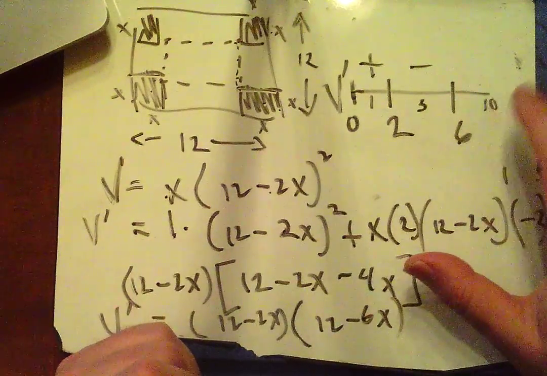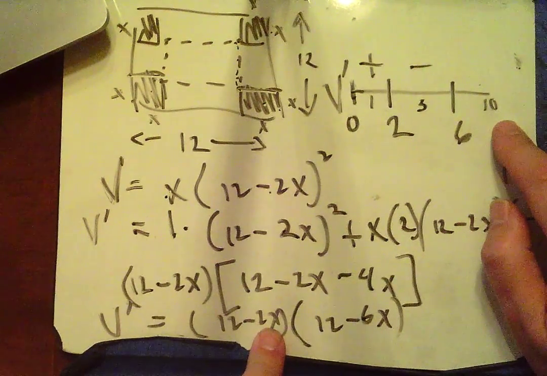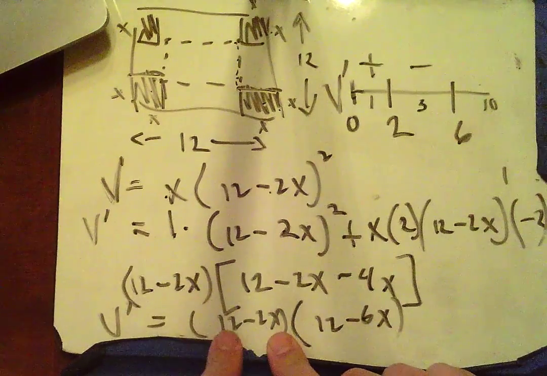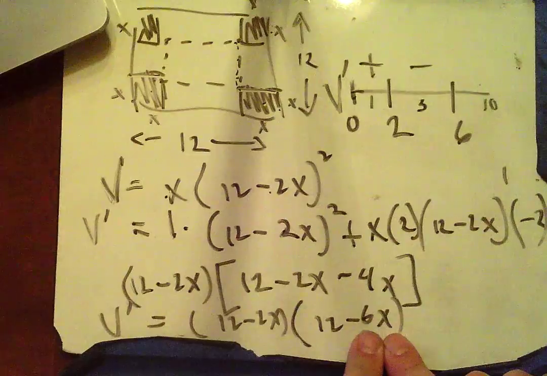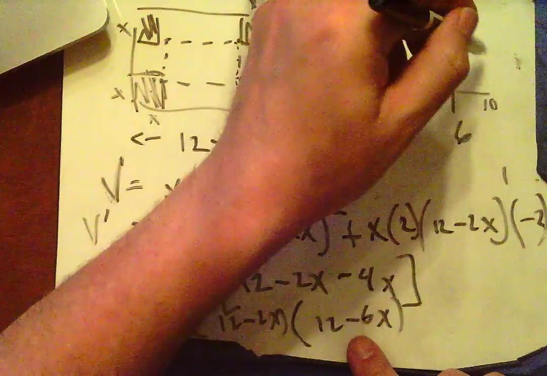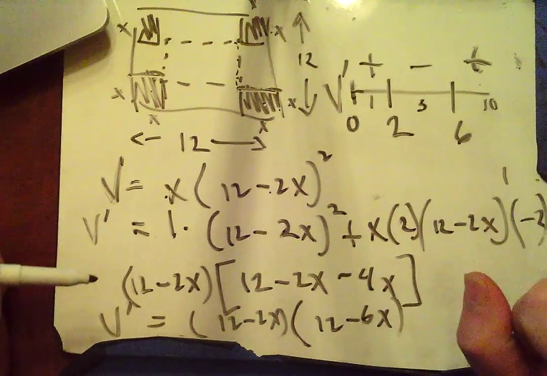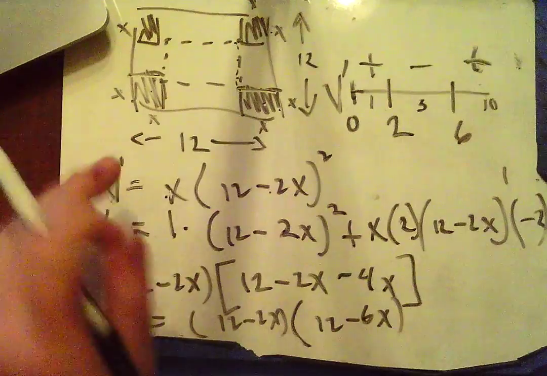And then over here with 10, if I plug in a 10 here, I have 12 minus 20, that's a negative. And 12 minus 60, that's a negative. And negative times a negative is a positive. I do get a minimum here. We were asked for the maximum. That occurs at 2.